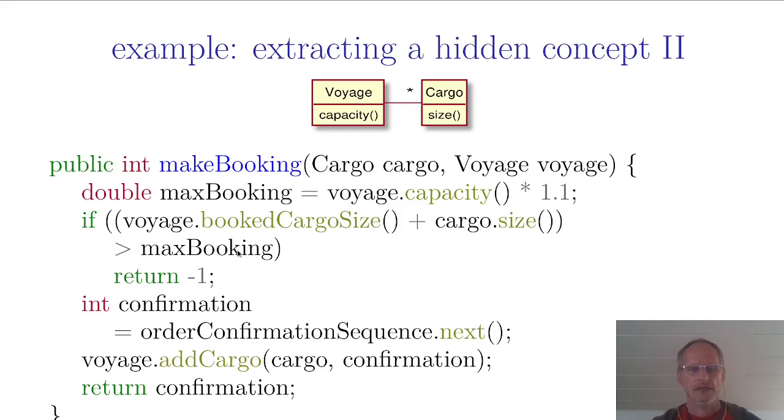If that is greater than the max booking that we want to allow, then -1 is returned as an indicator for failure. In the other case, we obtain a confirmation number from a sequence of numbers, and we add the cargo with that confirmation number.